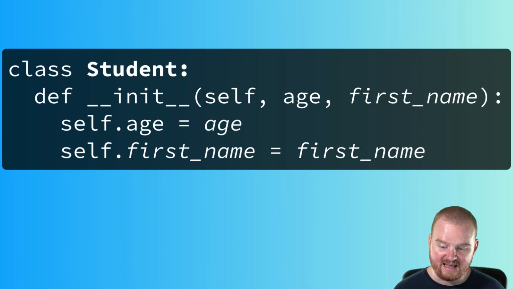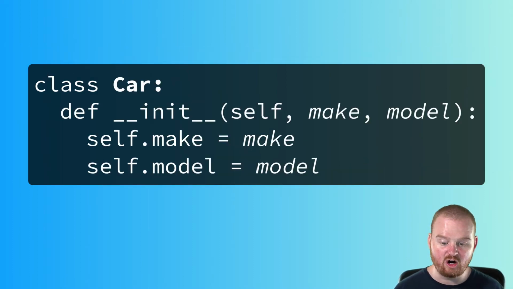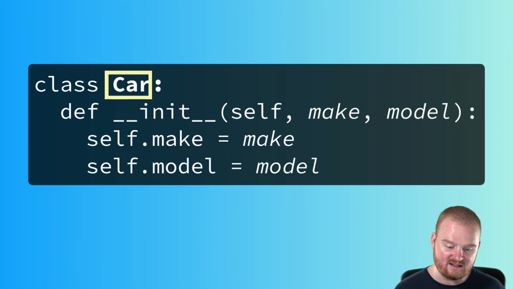Here, we have defined a user-defined type called a student type, which is composed of or made up of other built-in types, the number for the age and the string for the first name. We might also create a car type, which takes in a make and a model, both of which might also be user-defined types. Typically, a programming language does not let the programmer extend or redefine those built-in types.